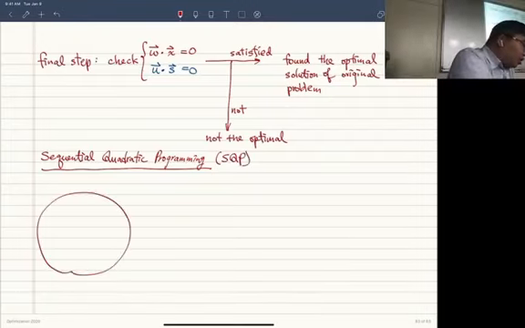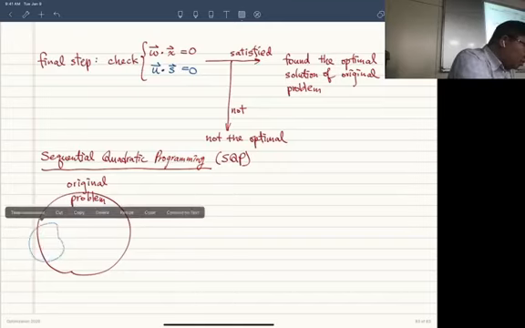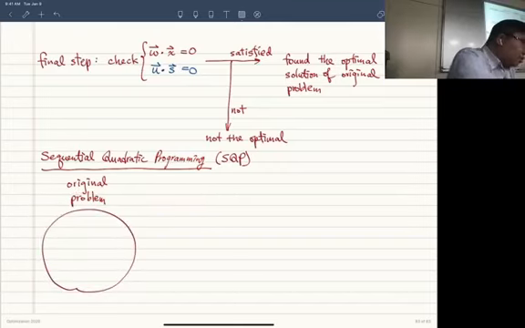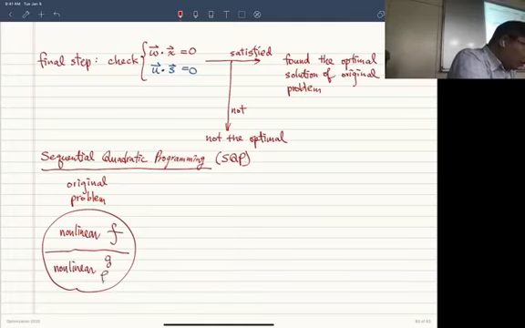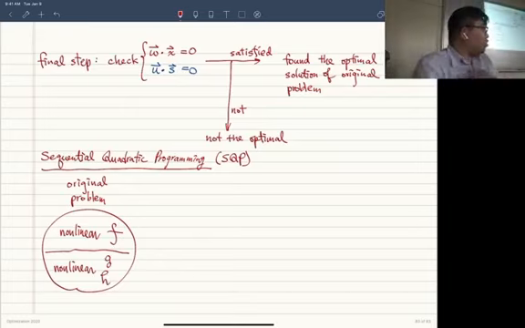This is like an original problem, and it's having a nonlinear objective function, and also nonlinear g and h. So a very general problem could have nonlinear f and also nonlinear g and h.